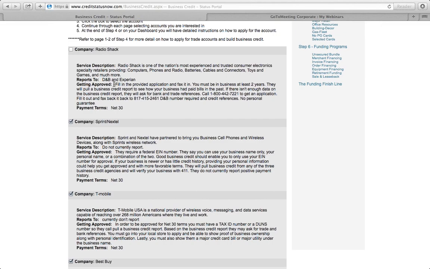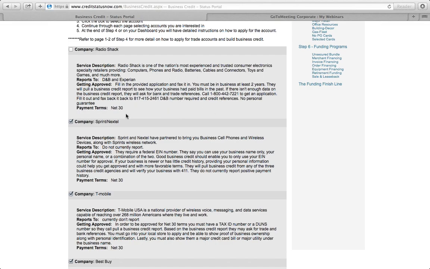For instance, Radio Shack. If we read this getting approved section, they want you to be in business for at least 2 years, and they will pull a business credit report to see how you've handled bills in the past. That means they want to see something on there. And if there isn't much data, then they're going to ask for bank and trade references. And a DUNS number is required.